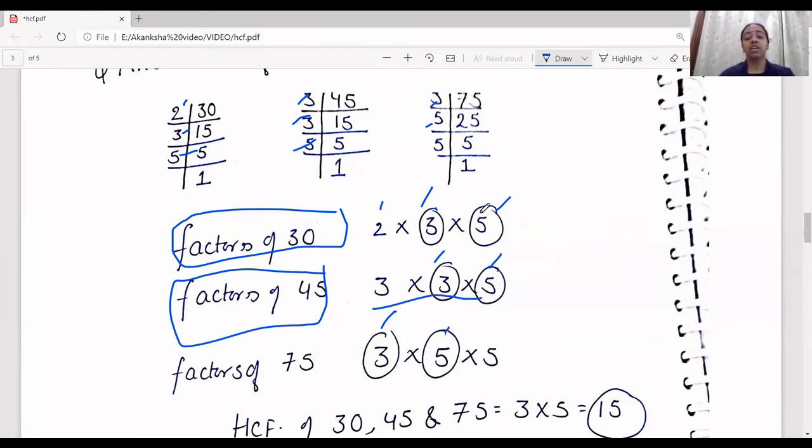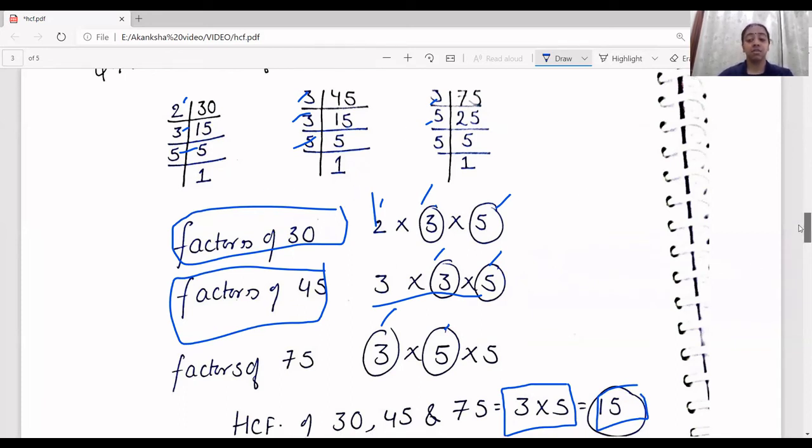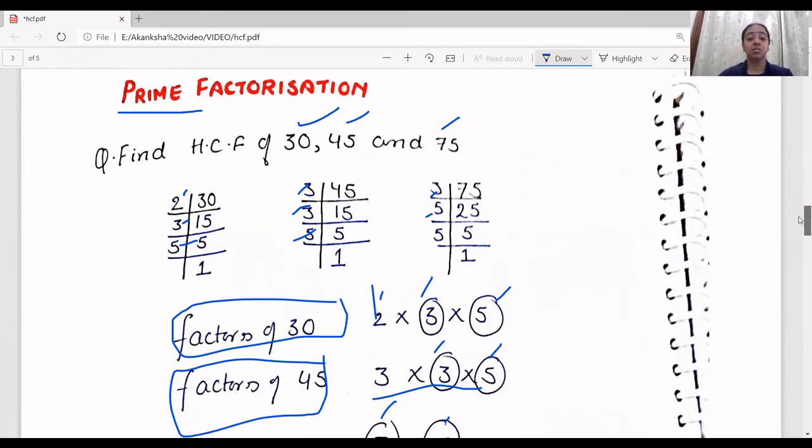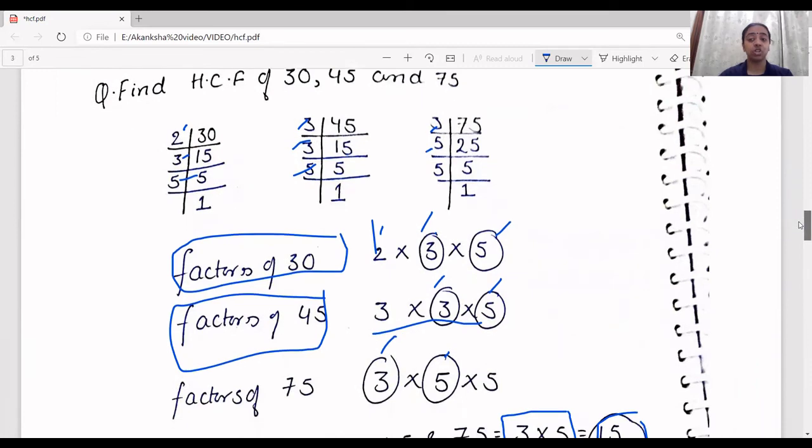Now no 2 exists in the factors of 45 and 75. So 3 and 5 are the common factors between the 3. So 3 cross 5, which gives us 15. So 15 is the highest common factor for 30, 45, and 75. This is how you find out the common factors for 3 numbers using prime factorization.